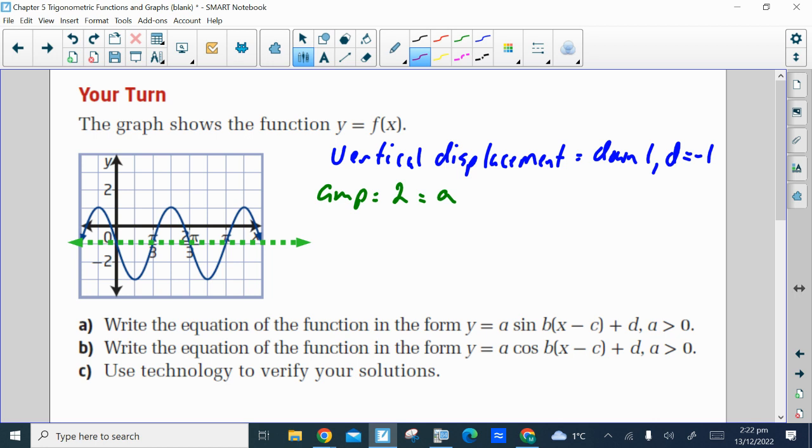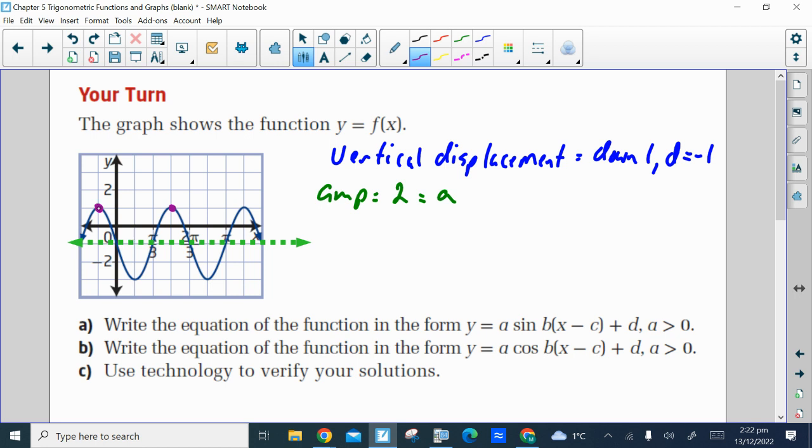All right, now we've got to find our period so we can see if we have a b value. So let's go from, let's say, this maximum point to that maximum point. Once again, the scale here is pi on 6, because between 0 and pi on 3, it's divided up into 2 equal sections. So each section will be half of a pi on 3, which is pi on 6.